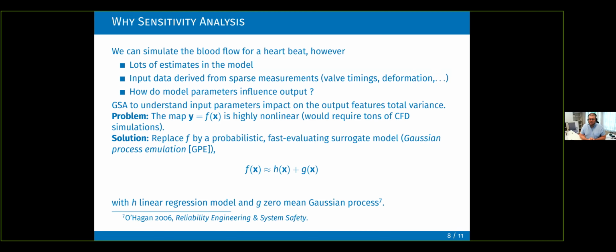And so the natural idea is to replace this highly nonlinear input to solution map by something simpler. We replace it by a probabilistic, fast evaluating surrogate model, also called Gaussian process emulation, which means we use a linear regression mean model and a zero mean Gaussian process.